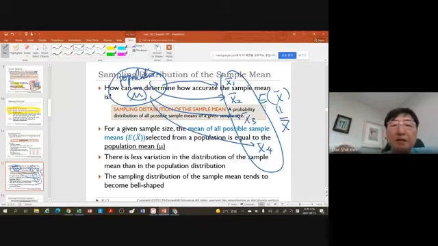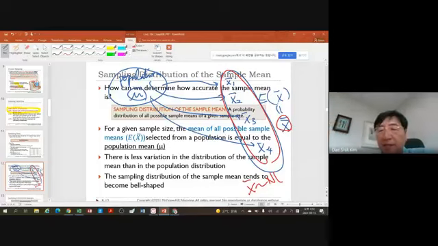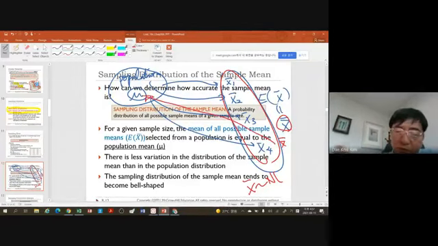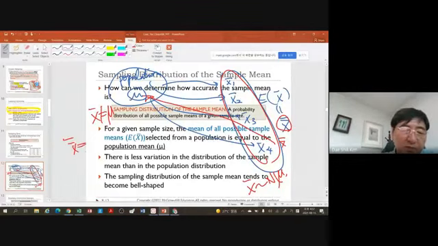If I repeat like this, what will happen to the distribution of this? It will follow a kind of normal distribution. If you do it again and again, the average of x bar will be equal to mu, so it will go to mu. X bar and mu are not equal, but the average of x bar will be equal to mu.